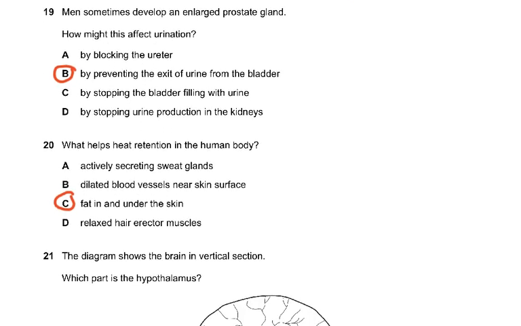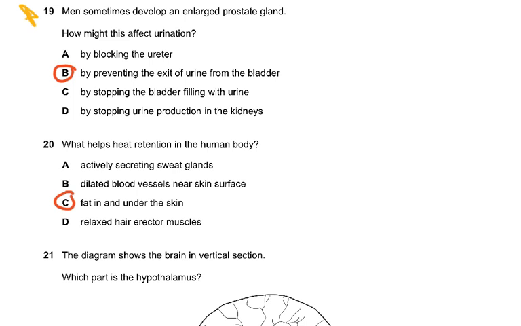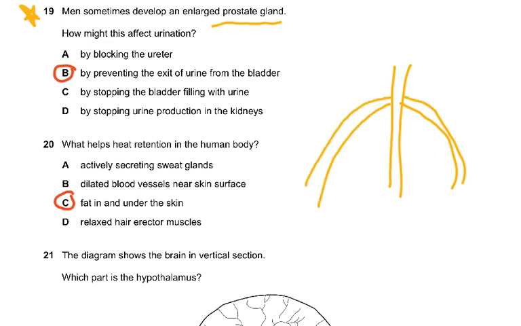Then question 19, again, this has been mentioned in the exam report. Men sometimes develop an enlarged prostate gland. How might this affect urination? Because you see, when the sperm ducts join the urethra, we have the prostate gland here surrounding it, and the prostate gland surrounds the urethra, so it presses on the urethra if in a man there's an enlarged prostate gland.